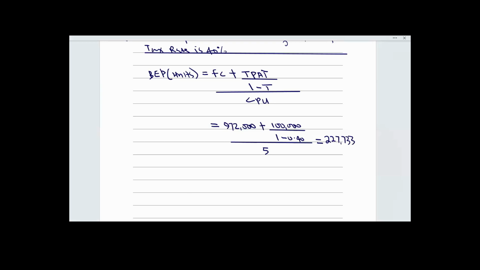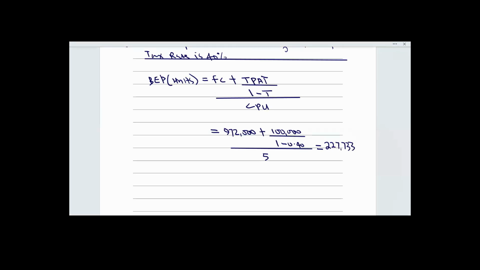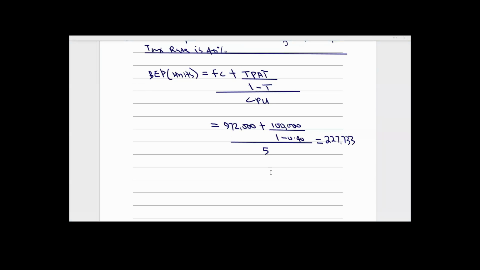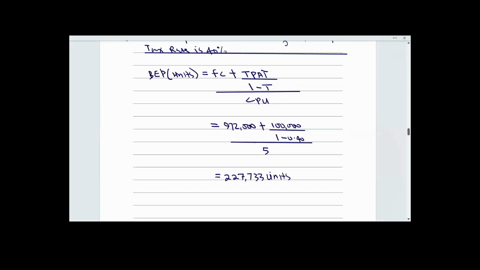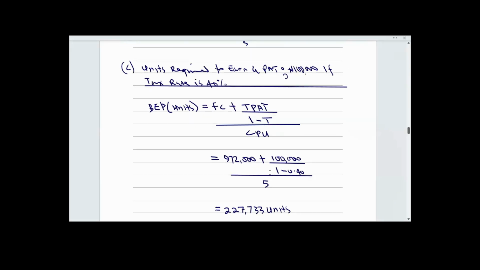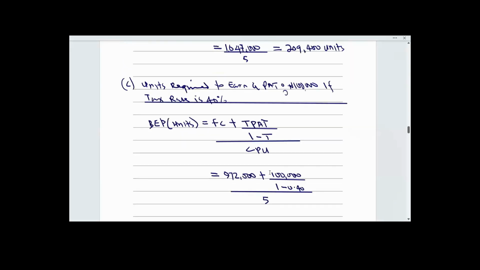Let me confirm. 227,7. Yes, that's it. Let me move to the next line. 227,733 units. Okay. You can also confirm the number from your end, so that we are on the same page.